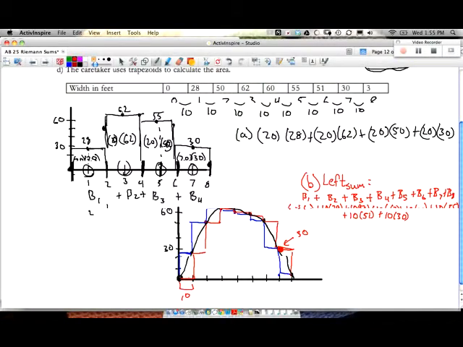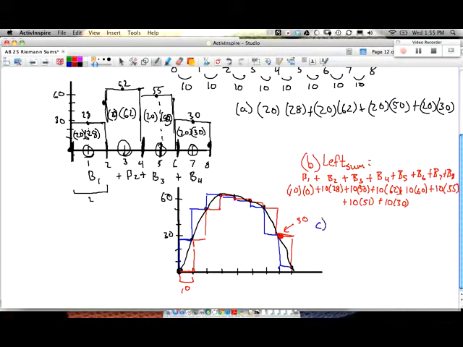On the opposite side, looking at it from the right sum, we're not going to start with 0, we're going to start with this first one, which is at 28. So this is going to be 10 times 28 plus, and now we follow that same pattern, but we're going to finish right here at 3.